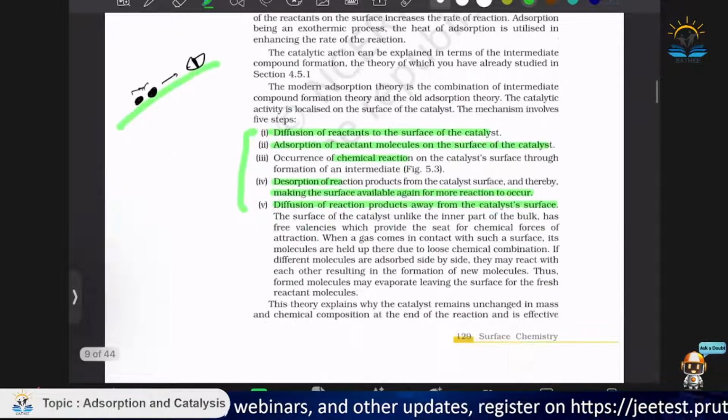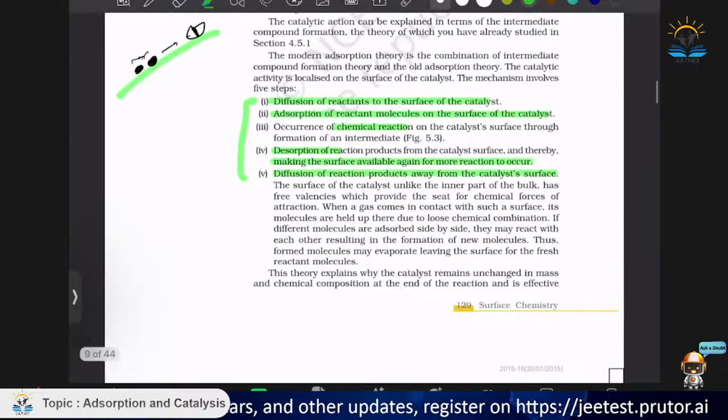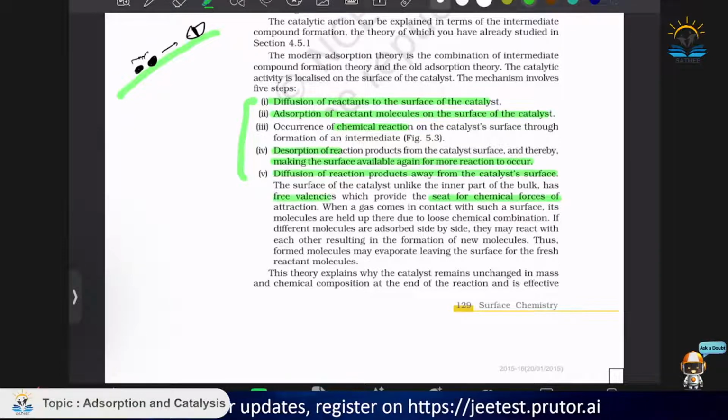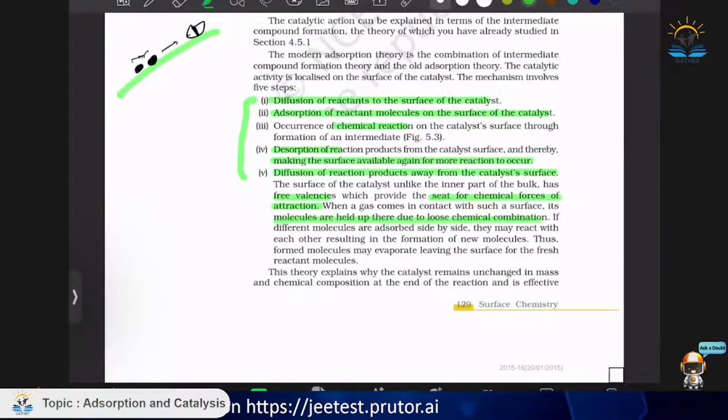All right. The surface of the catalyst, unlike the inner part, has free valencies which provide seats for chemical forces of attraction. When a gas comes in contact with such a surface, molecules are held there with loose chemical combination. If different molecules are adsorbed side by side, they may react.